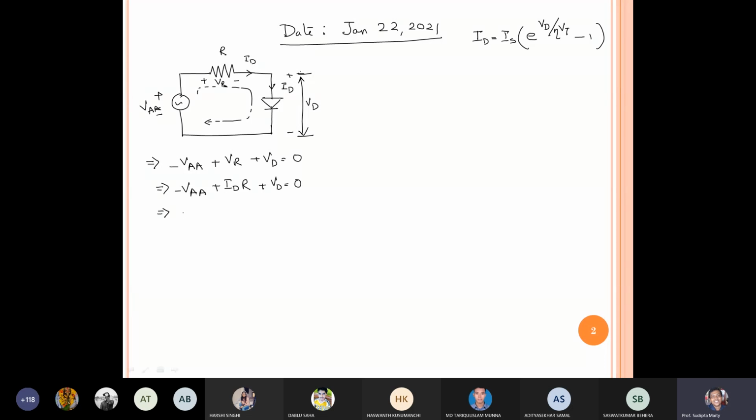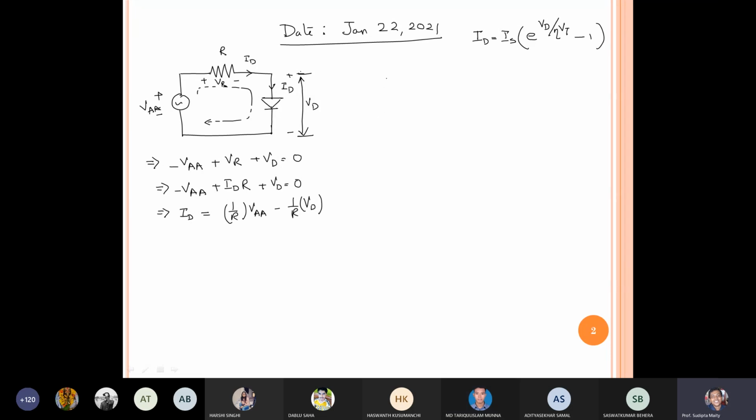If I want to find ID, ID निकालना है ना, तो उसको उधर लेके जाना है. So ID equals 1 by R times VAA minus VD. Can I write this thing in this way?